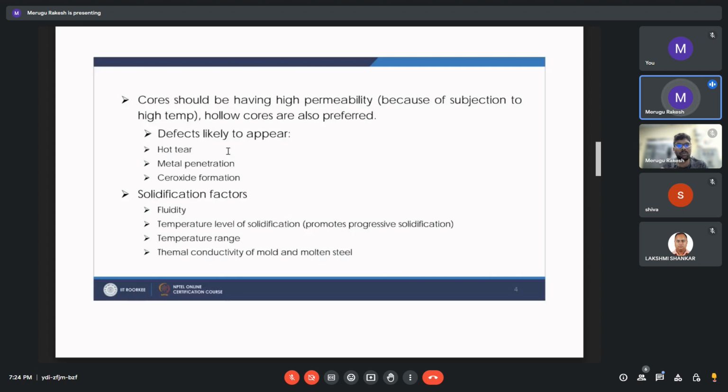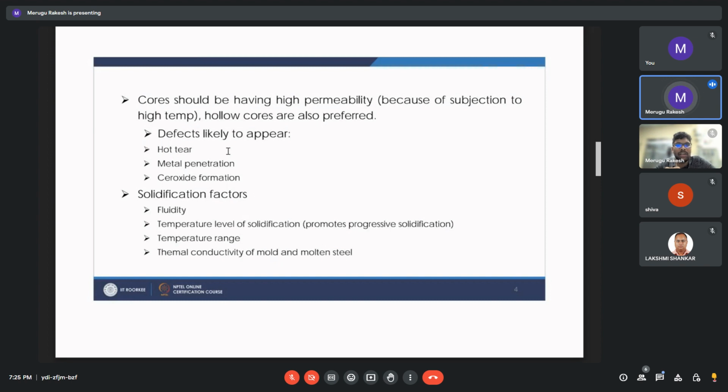If there is any area in which the molten metal is still liquid, we will have these shrinkage effects, or the complete mold can shrink. There it can form these hot tears, which are crack-shaped defects.